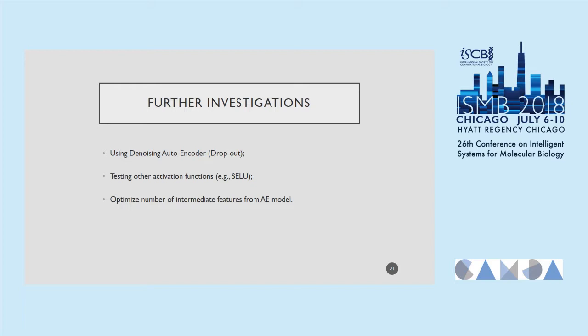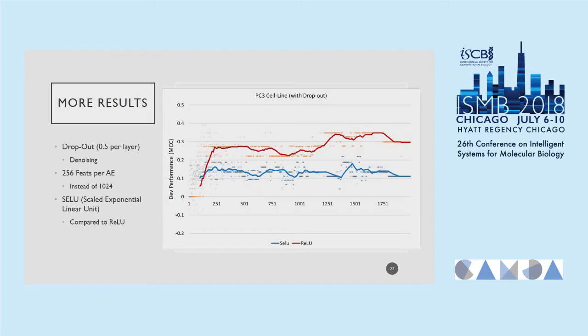We also tested other activation functions, like tanh, SELU, ReLU, to see whether they have some influence on the model. And we also optimized the number of intermediate features, which means the nodes in the bottleneck of each autoencoder model.